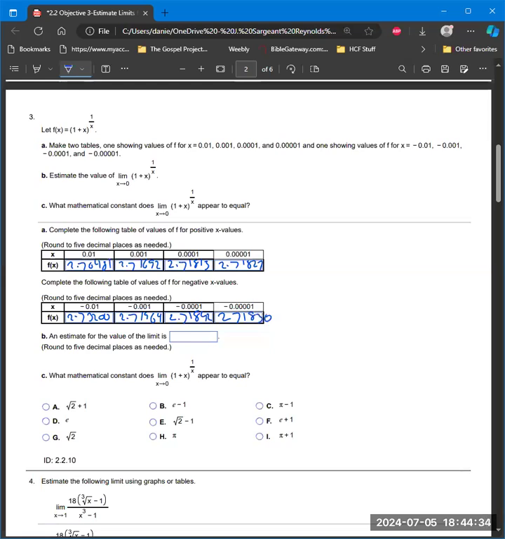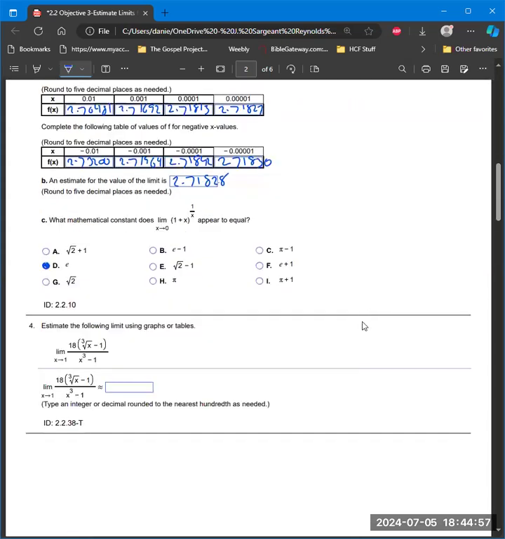It is squeezing in on the value of e, which we can estimate as 2.71828. But the exact value is that irrational number e.